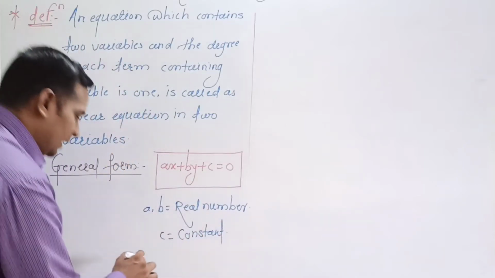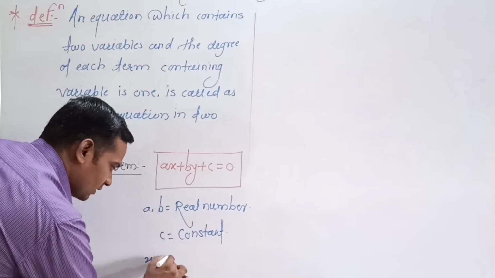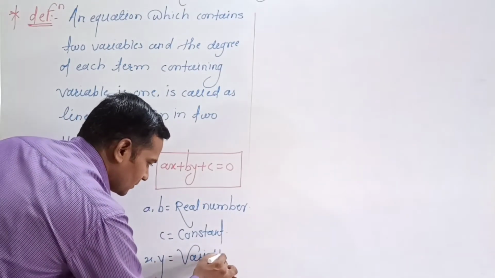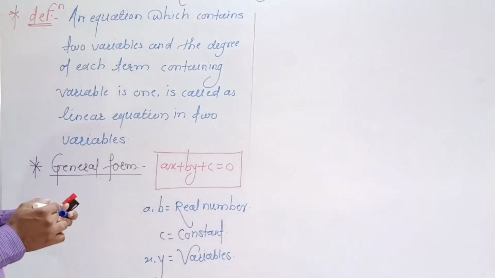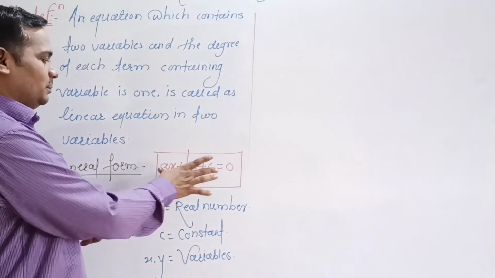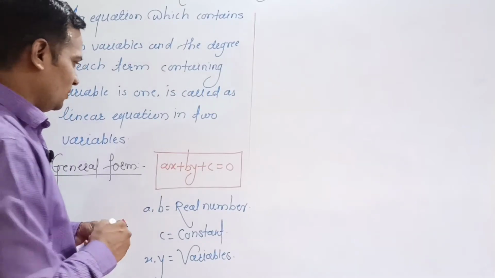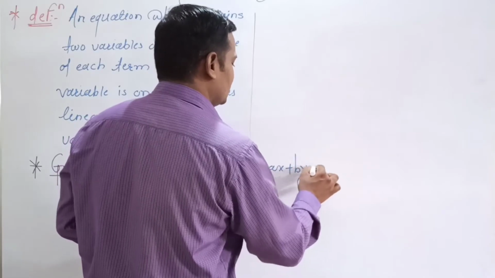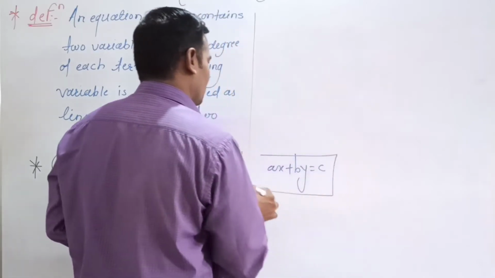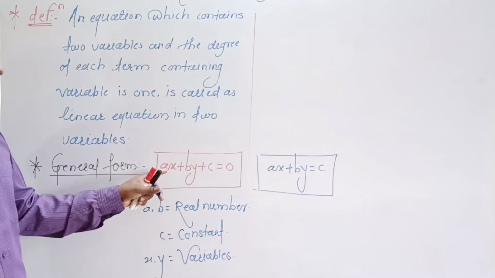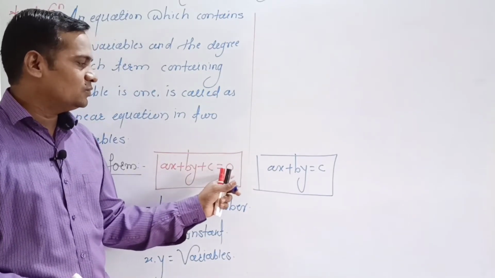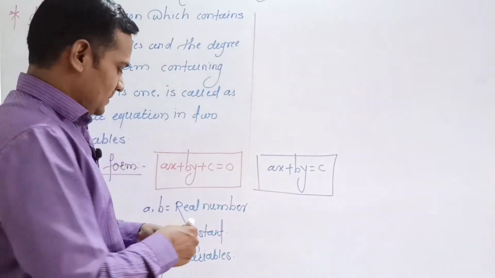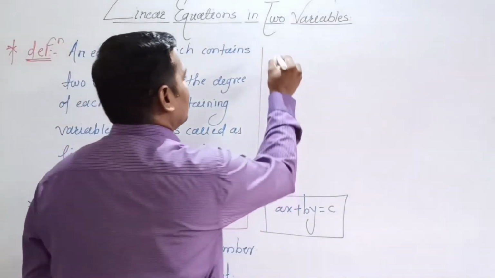Okay, x and y are the variables. You can write this general form this way also: ax plus by is equal to c. Both are the same.